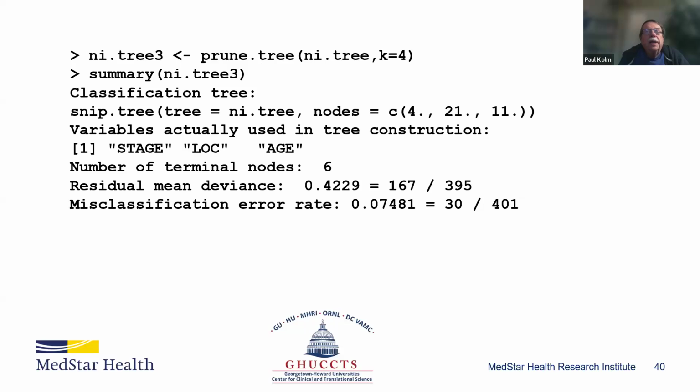So we're going to prune again, and this time we're going to double our cost complexity factor, to 4. And now we come up with only 3 variables that are used: stage, location, and age. And we come up with 6 terminal nodes. Notice now that our mean residual deviance increases a fair amount, but our misclassification error rate is still the same.